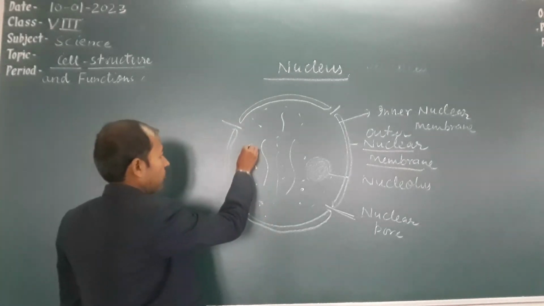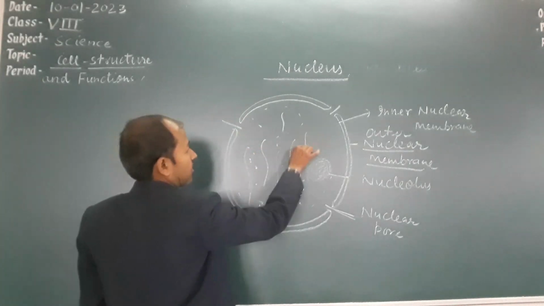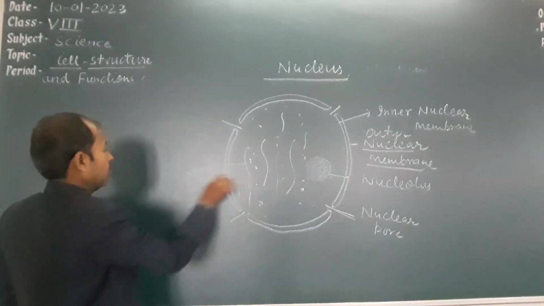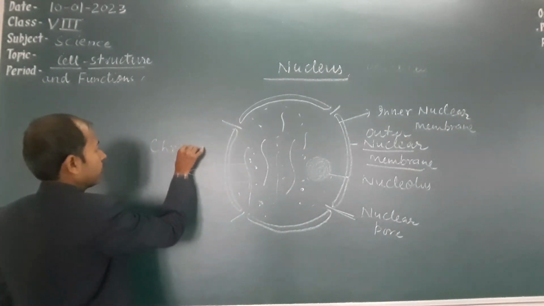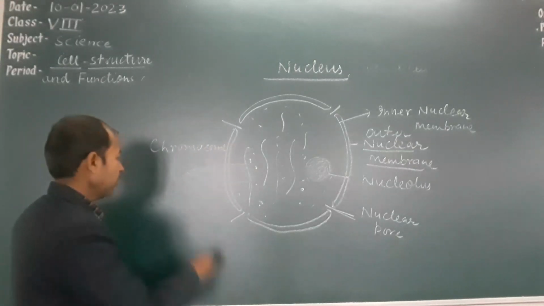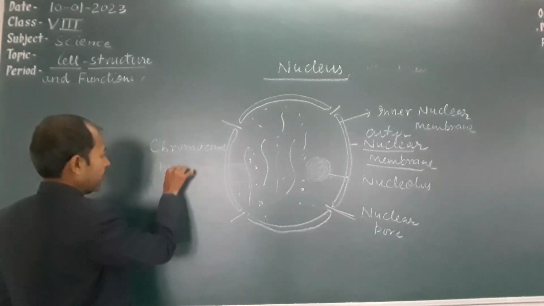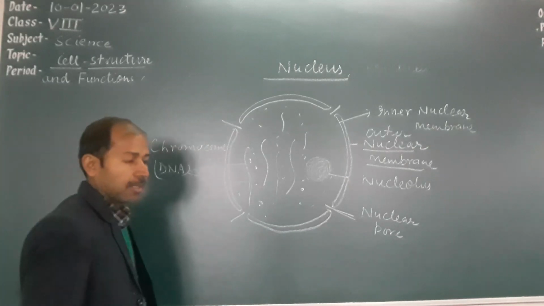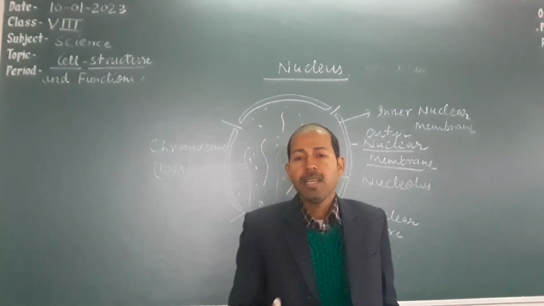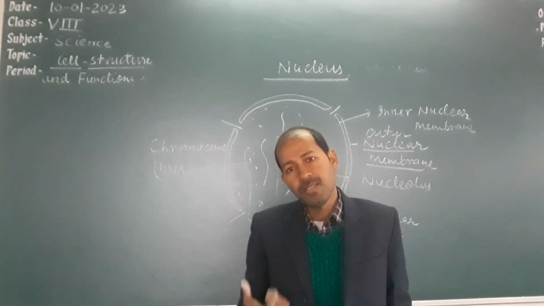And here you see the thread like structure, that is called chromosome, or we can say DNA at this level. Chromosome contains DNA and DNA contains gene.